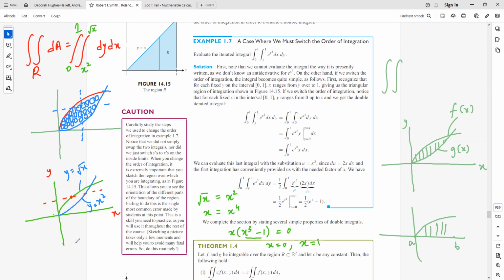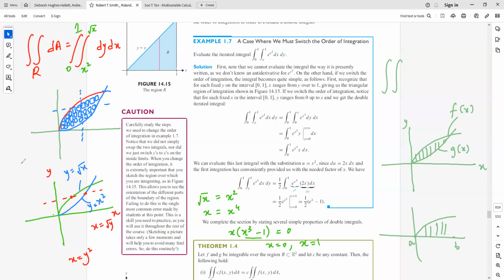So this is y equals square root of x, but I need to find x in terms of y. If I square both sides, it becomes x equals y squared. And the uppermost limit will be this curve, y equals x squared, which gives x equals square root of y.